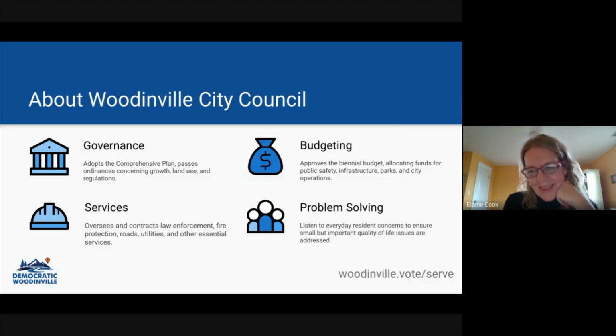So it made running easy because I had the support of friends and family, and people in my neighborhoods, people in the community that knew that I had a heart for service. But I don't currently live there. But I like to say part of my heart is reserved for Woodinville, or has Woodinville tattooed on it. And I still care. And I was happy to be invited to participate in this forum to talk about how to get involved in city politics, or in a legislative role.